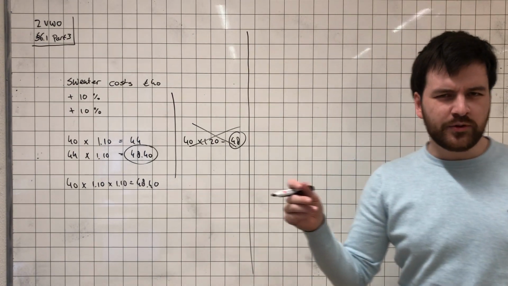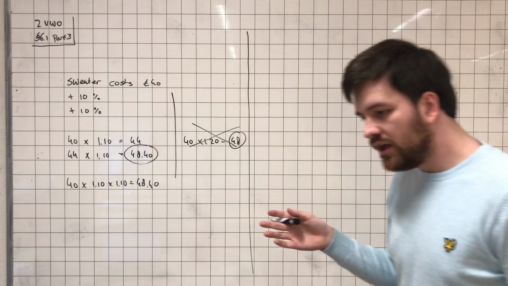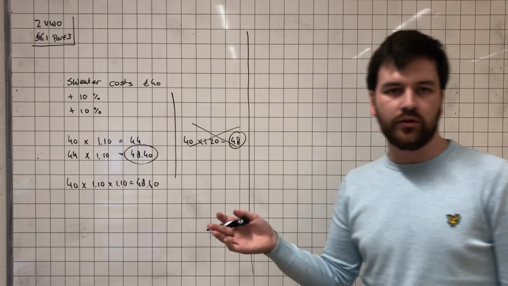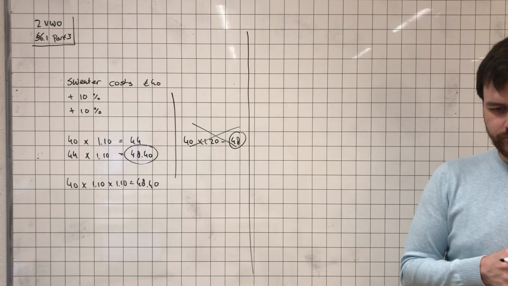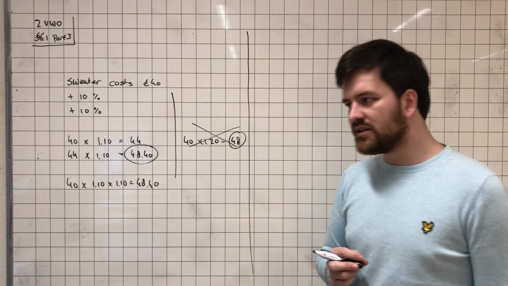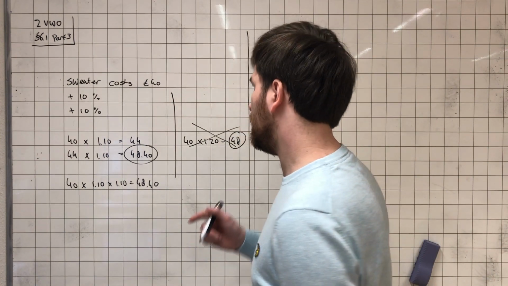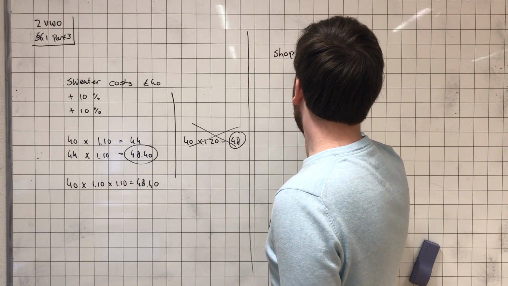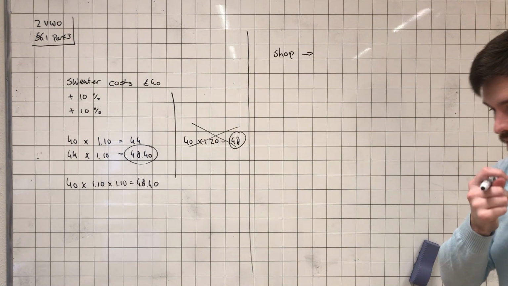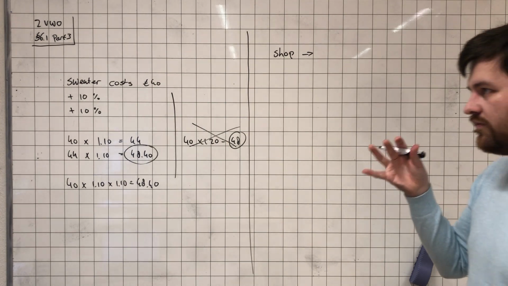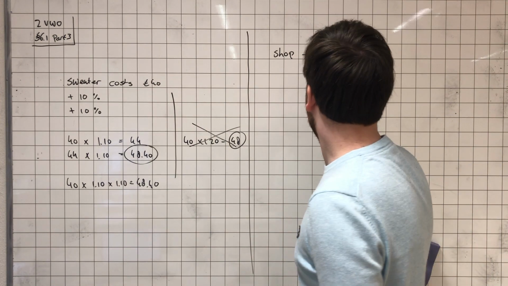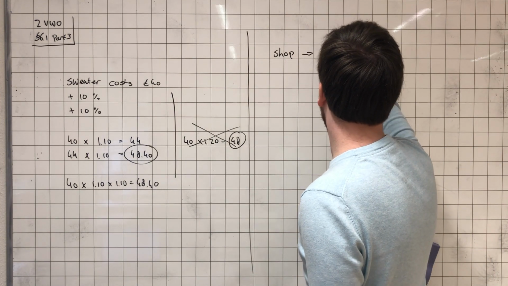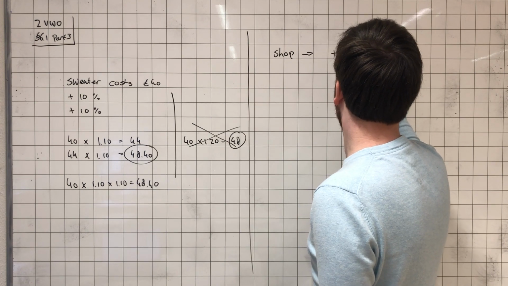Okay, so it helps you speed up calculations, but it also helps you when, for example, your starting point is not known. So imagine that there is a shop, for example, and in this shop there is a price of something which first increases with 20%.